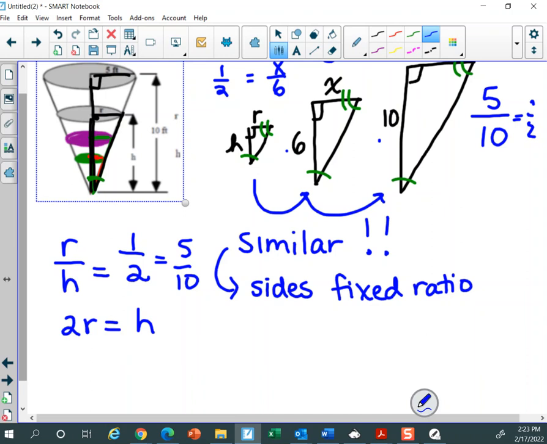Yeah? No? In this problem, whatever height we stop at, the radius will be half as much. Or if you double, anytime we stop, whatever the measurement is for double the radius, the height will be that measurement.